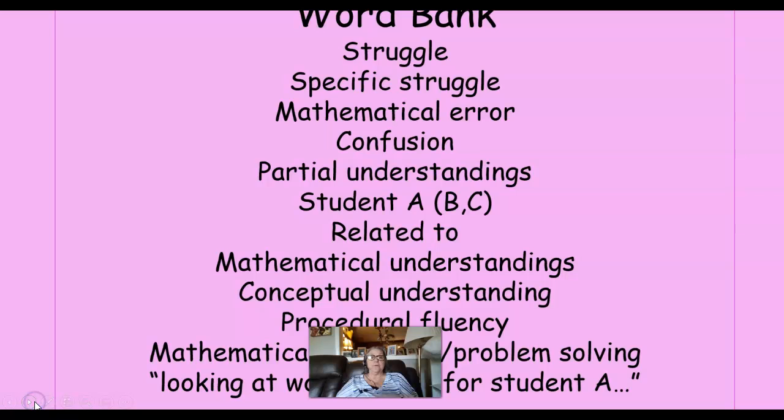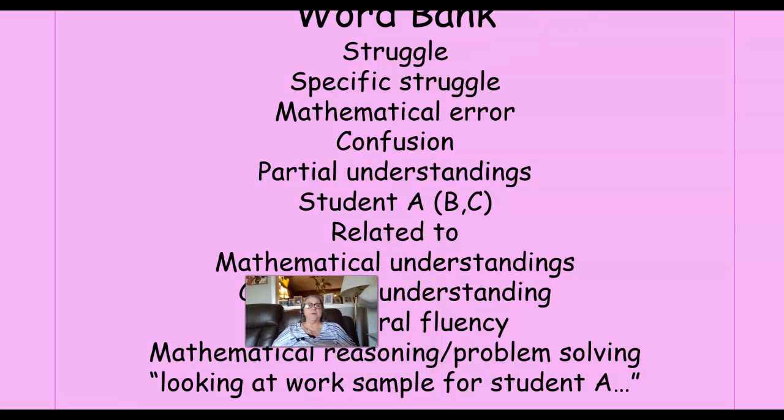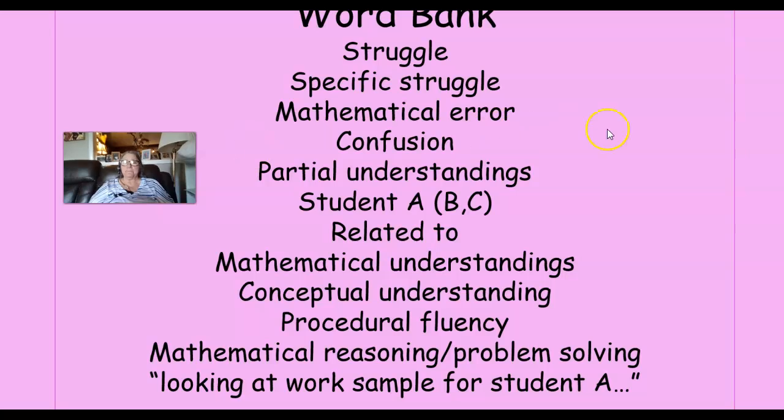Okay, going forward. Here's a word bank. I recommend using these terms. Now pull these from your rubric and from the URLP. I would use terms like struggle, specific struggle, mathematical error, confusion, partial understanding.